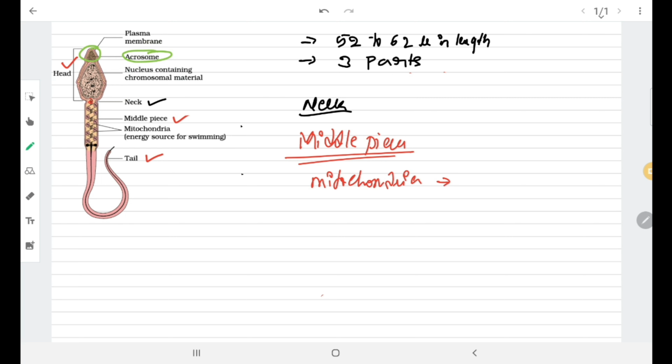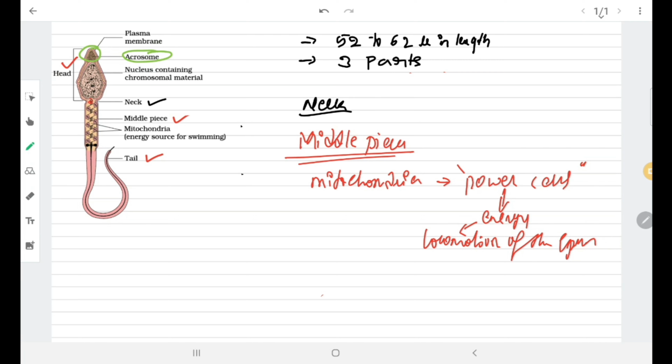You all know that mitochondria is the powerhouse of the cell, and it generates energy. This energy helps in the locomotion of the sperm. When the sperm reaches the vagina, it has to move towards the egg, and that energy will be provided by the mitochondria. That is the only thing present in the middle piece.